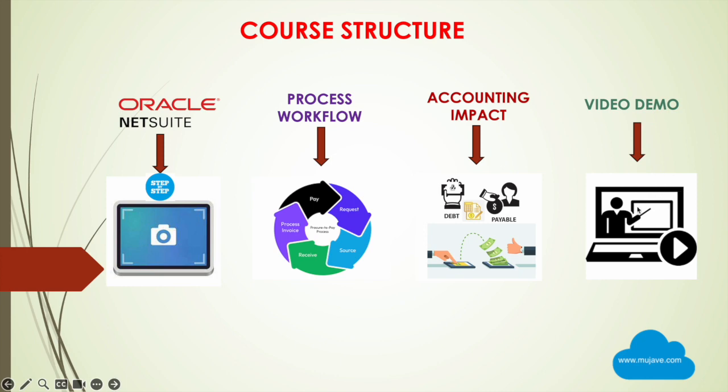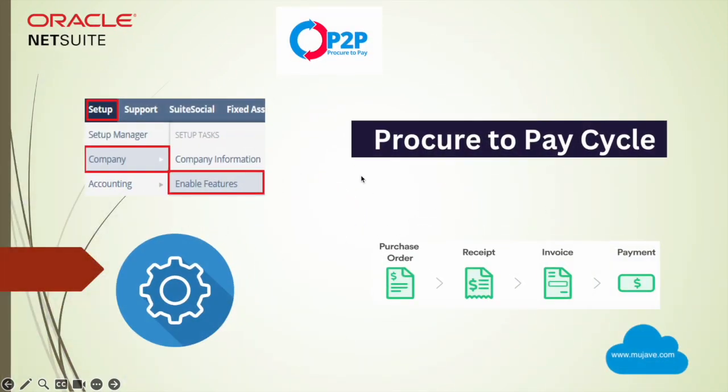Here in this course, at the beginning, I will explain some of the features that must be enabled before going to the procure to pay cycle. For example, if we want to share data from one mobile to another with the help of Bluetooth, then we must first enable the Bluetooth, then only we can share data.